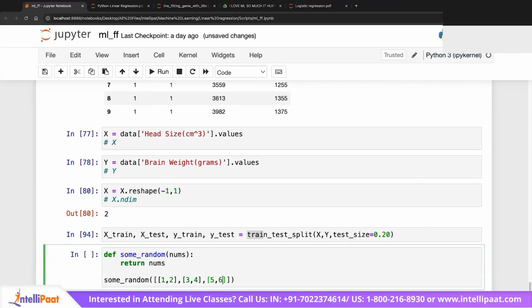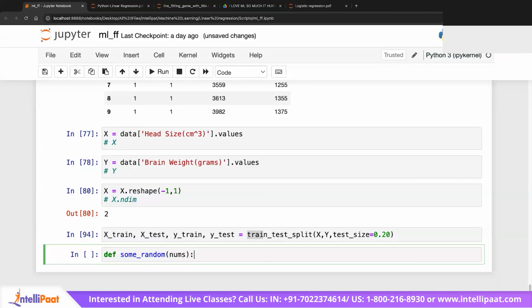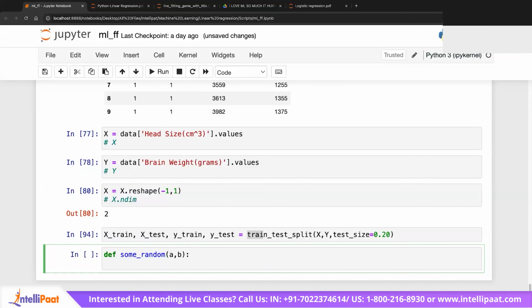Or I can do this. Some random function of a comma b: return a plus b, return a minus b, return a into b and return a divided by b.